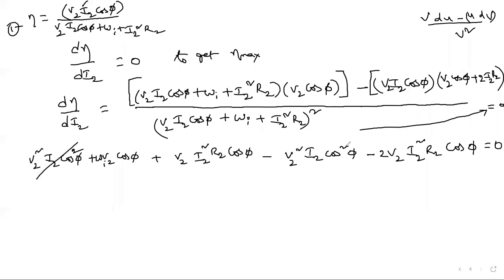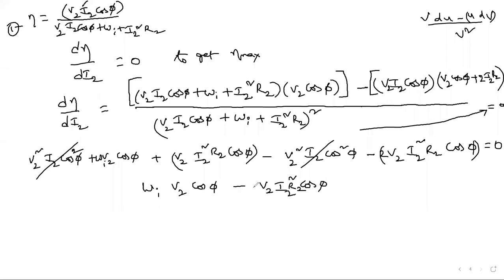Now see this component plus minus will be getting cancelled, and Wi V2 cos phi. See, this one and this one both are same, but this is double, 2 times. So if we take common minus V2 square cos phi R2, then it should be 1 minus 2.